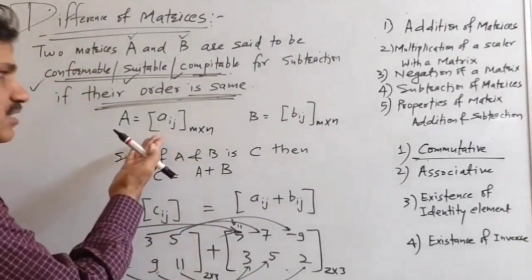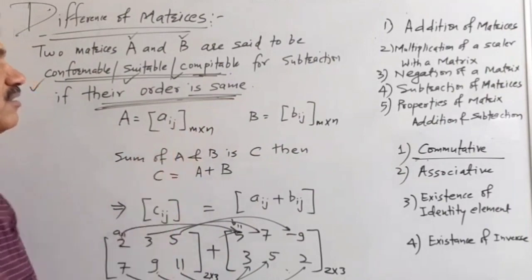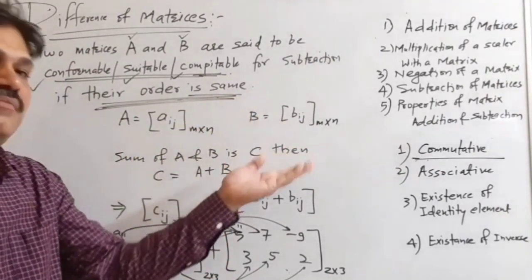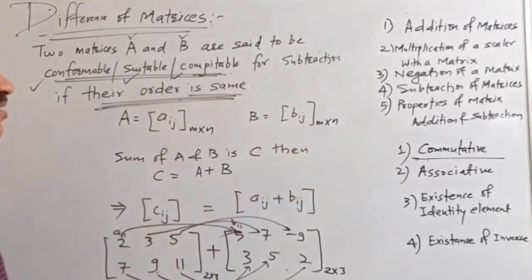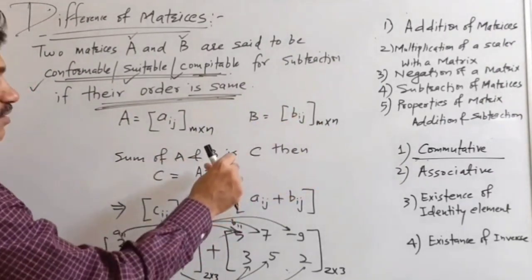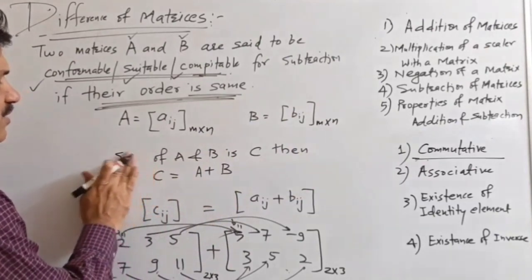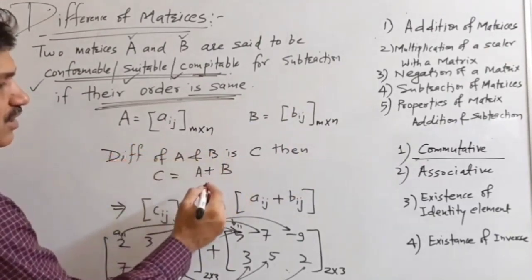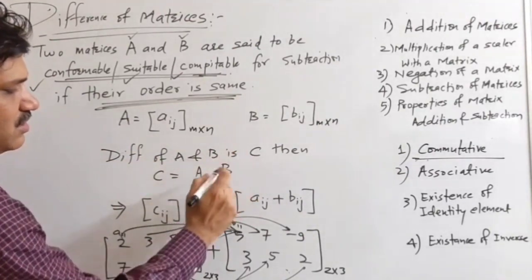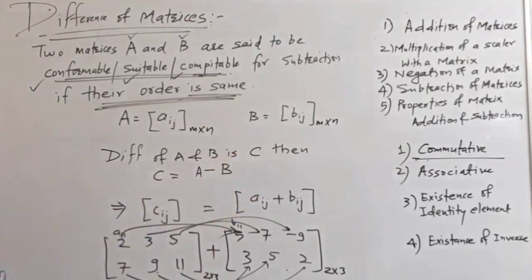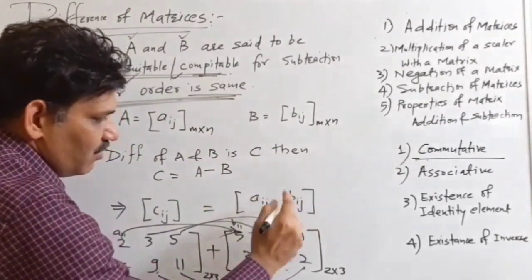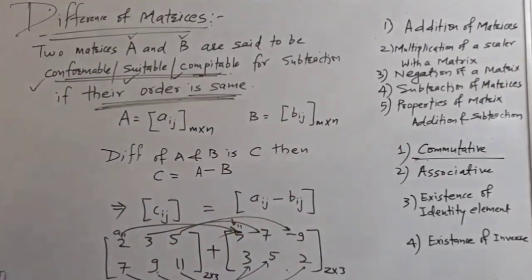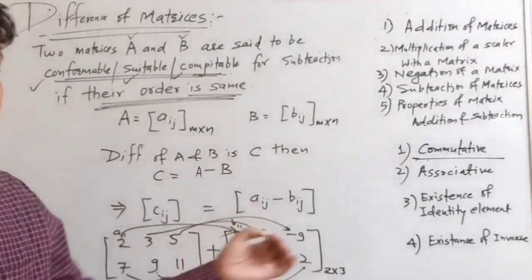So we have a matrix A of order m by n. Then if I need to subtract B from A, the order of B must be the same, that is m by n. Suppose the difference of A and B is C, that is C is equal to A minus B. Then Cij, the element of the difference, will be given as the difference of the corresponding elements.